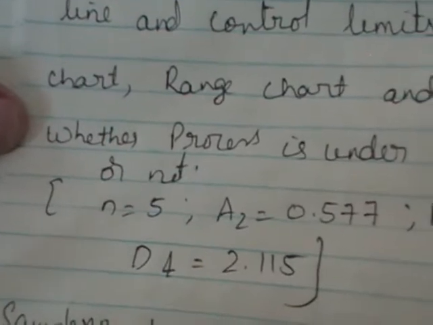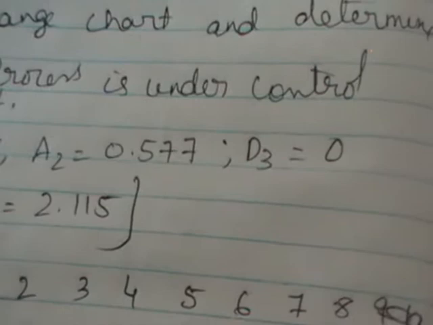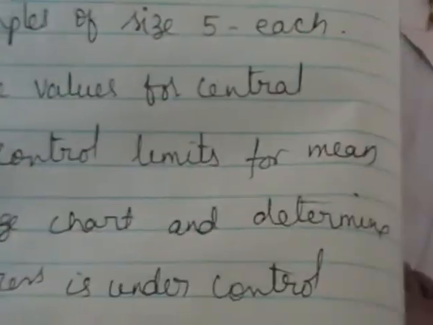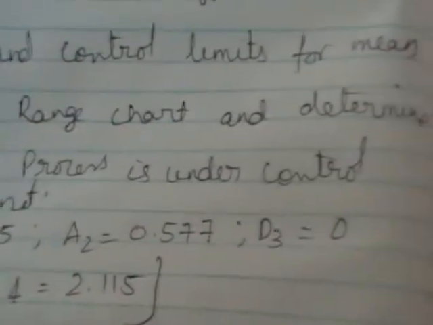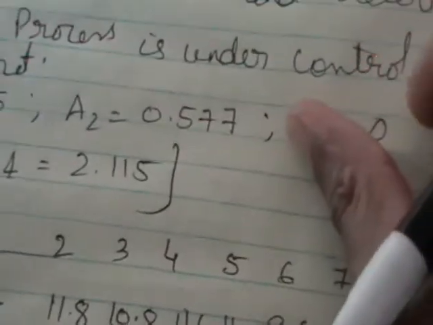For any problem, you will be given the data. They will clearly ask which chart is to be constructed. Here the chart to be constructed is the mean and range chart, and determine whether the process is under statistical control or not. After drawing the chart, you should conclude whether the process is under statistical control or not.